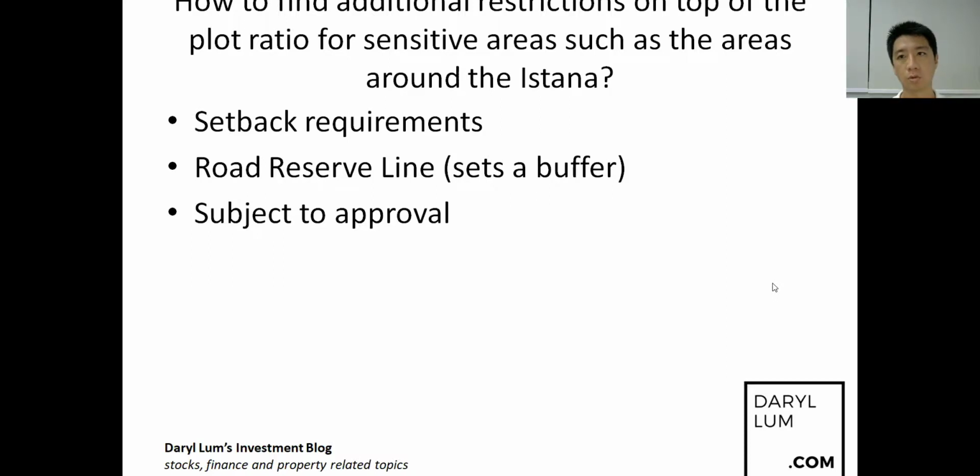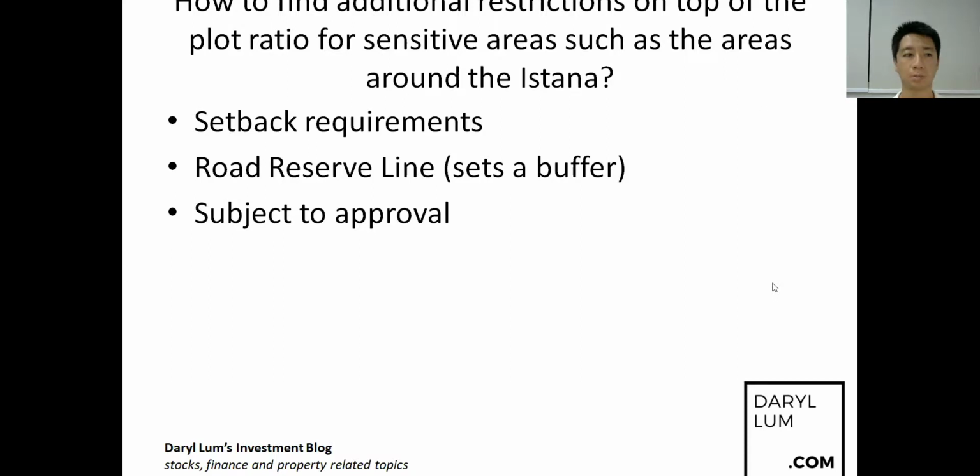So to answer your question, I don't think that URA sets additional restrictions on top of this for sensitive areas. They just use the plot ratio and the height restriction attached to that plot ratio to control the buildings around the area.